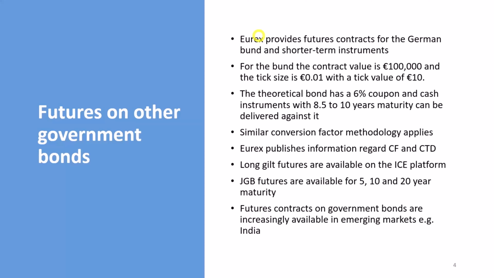Eurex actually publishes information regarding the conversion factor and also updates the market on what is known as the cheapest to deliver bond, which is something we're going to look at soon. Other examples of government bond contracts would be the UK's long gilt futures contract, which is available on the ICE platform, and there are futures contracts based on, say, the Japanese government bonds, or JGBs.